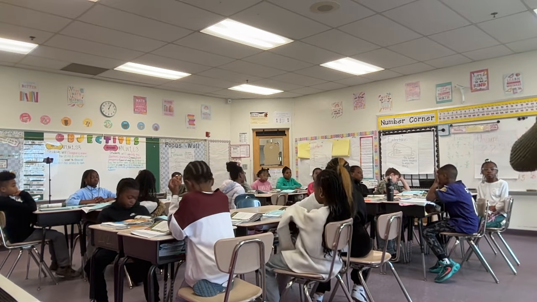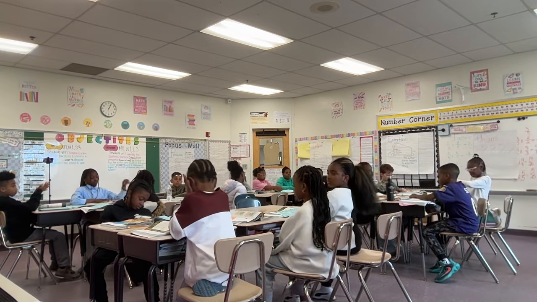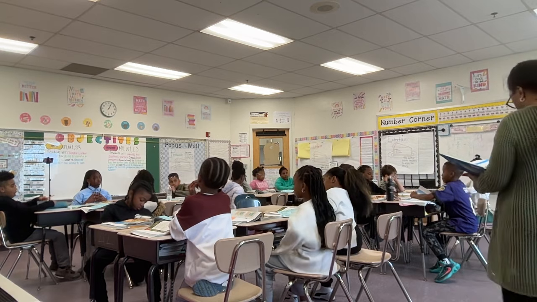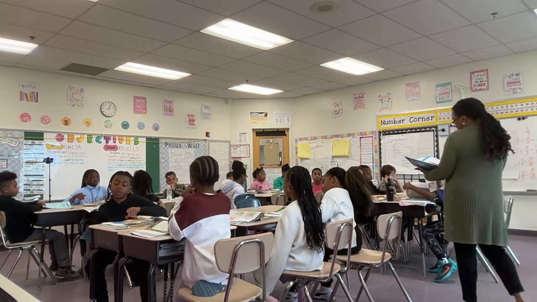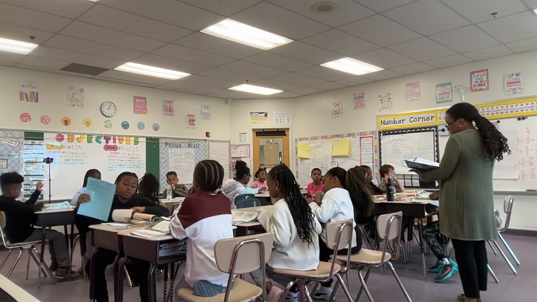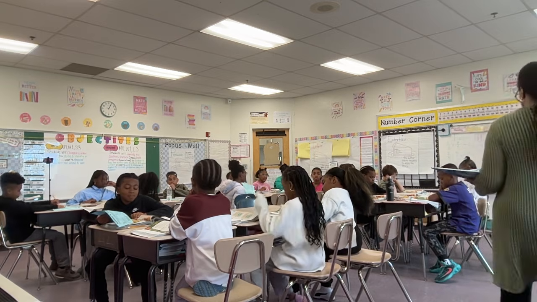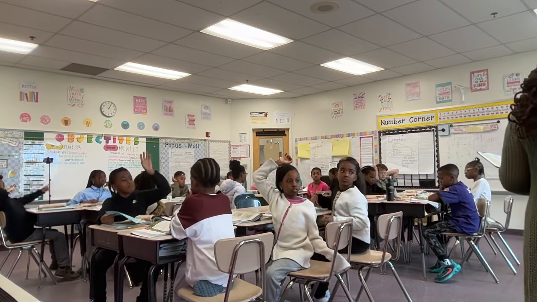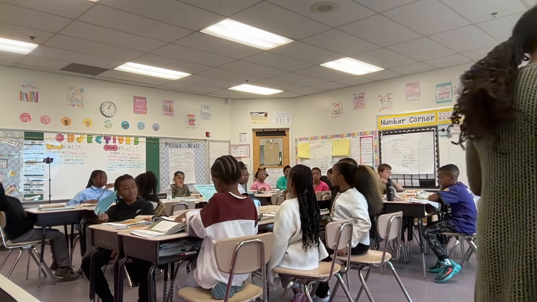Let's read our story, all right? We're turning to page 154, and let's read the bottom box. So we're talking about paragraph 2. Looking for a reader, nice and loud.